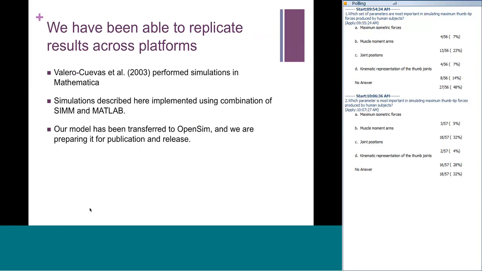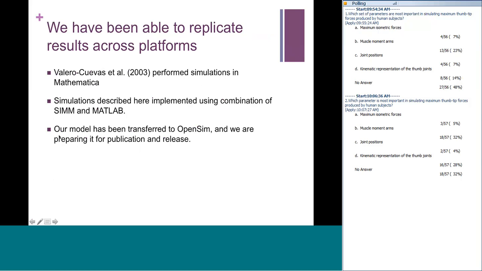Another really important thing that may not be clear from the way I presented it, but I think is really valuable, is that while you start off thinking everything is wrong, we've really been able to replicate the conclusions across different platforms. The original Valero-Cuevas study in 2003 was performed in Mathematica. The simulations Sarah performed and were described here were implemented using combinations of SIMM and MATLAB.